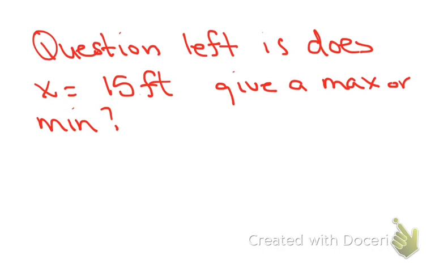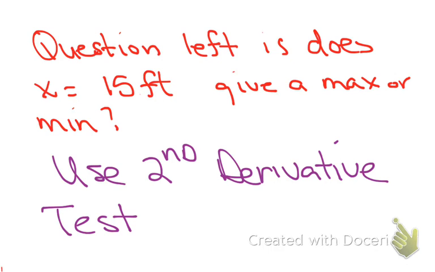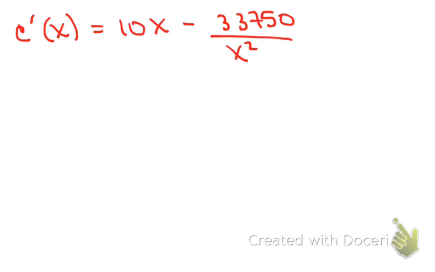So really the only question that is left is, does x equal 15 feet give a maximum or a minimum? This is important because we were looking for a minimum cost. So we can use our second derivative test to determine this. So we have our first derivative, which was 10x minus 33,750 over x squared.